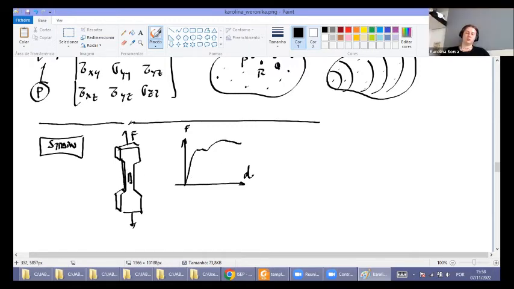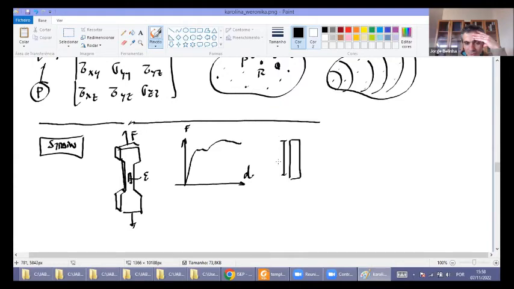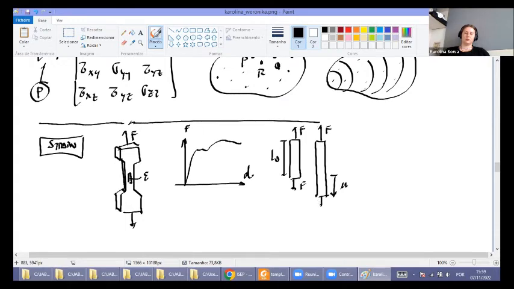And this device here reads the extension. What is the extension? The extension is, for example, you have this initial size, you put a force on it, and you get a stress. And the stress was this one, for example.